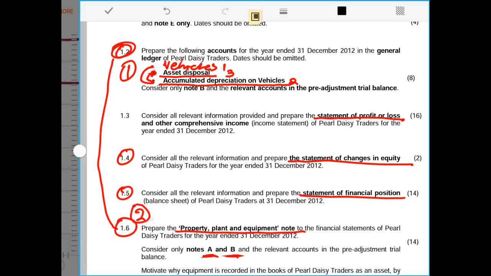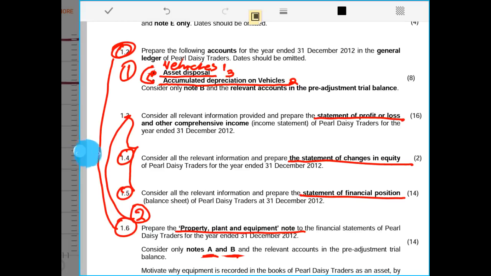Then when I'm done with the property, plant and equipment note, then I can do all my income statement, equity statement, then after I do the balance sheet. So I will structure the answering of this question paper in the manner that I start with 1.2, then I do 1.6, then I do all other requirements and complete all of them.